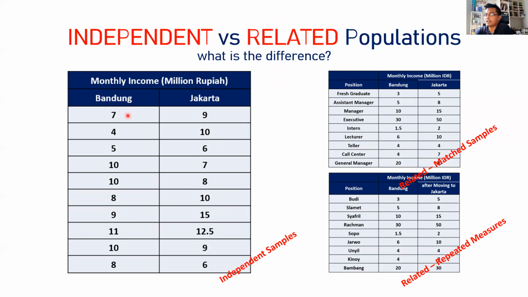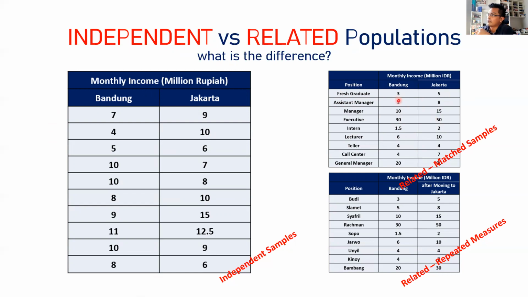In independent populations there is no pairing identifier, but in related populations there is a pairing or match identifier in which the characteristics are the same, and the related population could be categorized as matched samples.